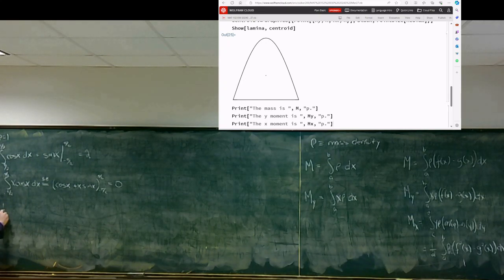X moment, 1/2 integral minus pi over 2 to pi over 2 of cosine squared x dx. How would you evaluate this? I think that's on the table. Could use the table.